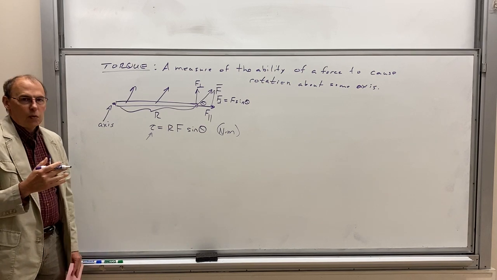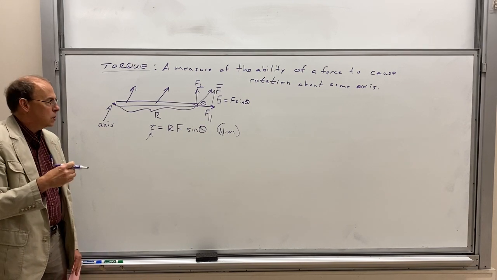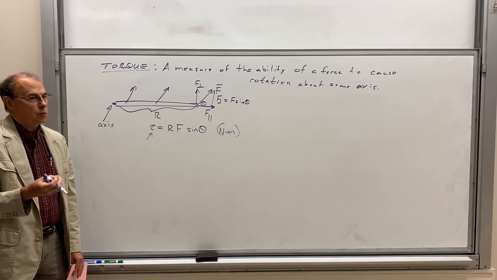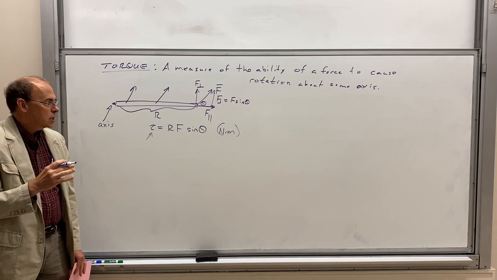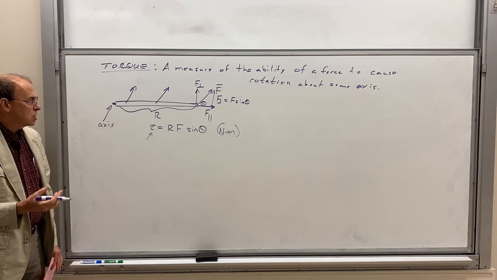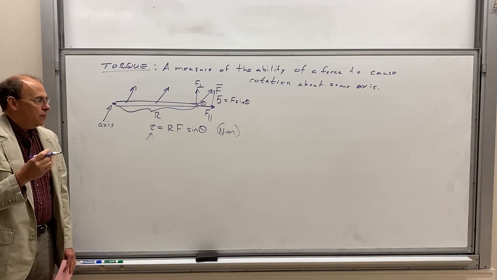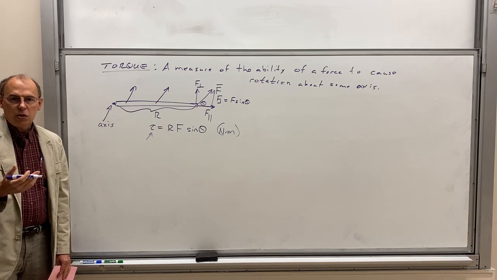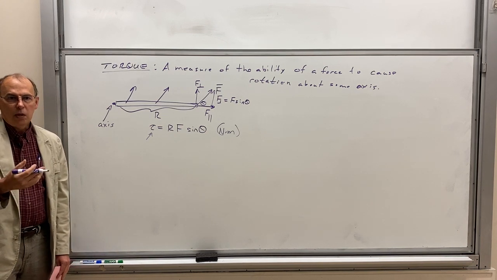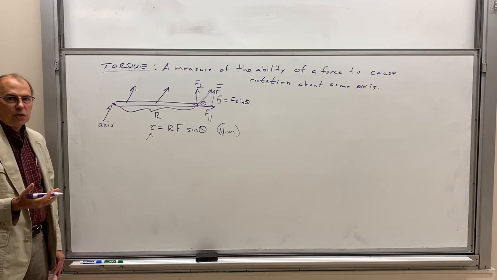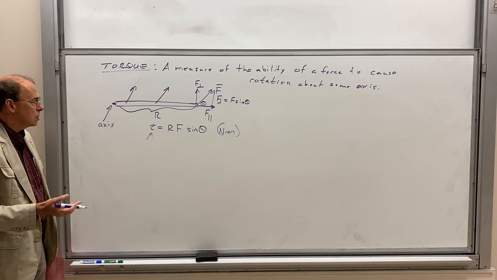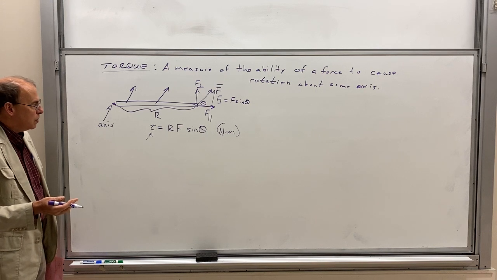So even though when we're dealing with work and energy, newton times a meter was a joule, for torque, we just call it a newton times a meter. In the British system, this would be a foot-pound is what is used if you're a mechanic working on a car in the British system of units. It's foot-pounds. In the metric system, or the SI system, it's a newton times a meter.